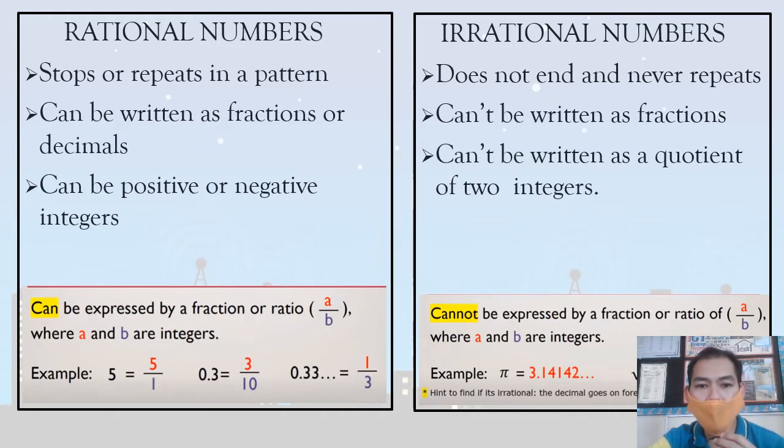Can be positive or negative integers. So this is the example you're seeing right now. Then irrational numbers, it does not end and never repeats. Can't be written as a fraction and can't be written as a quotient of two integers. Okay, so example, the very best example there is the pi.